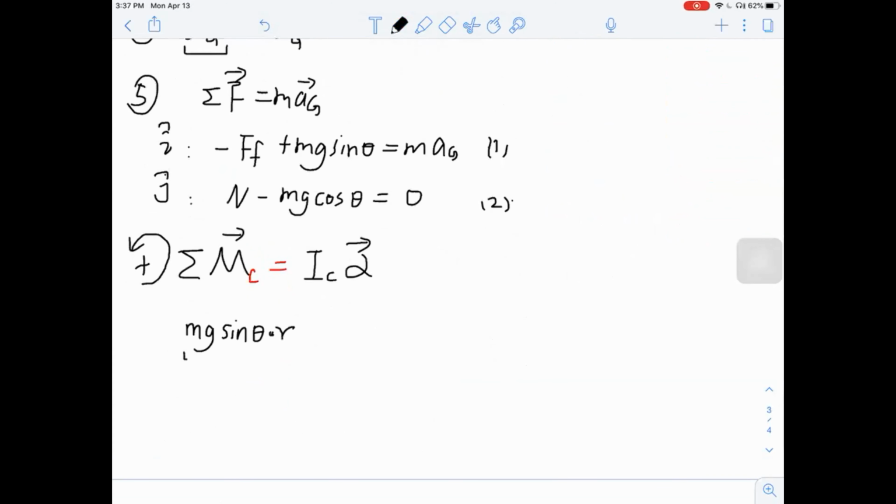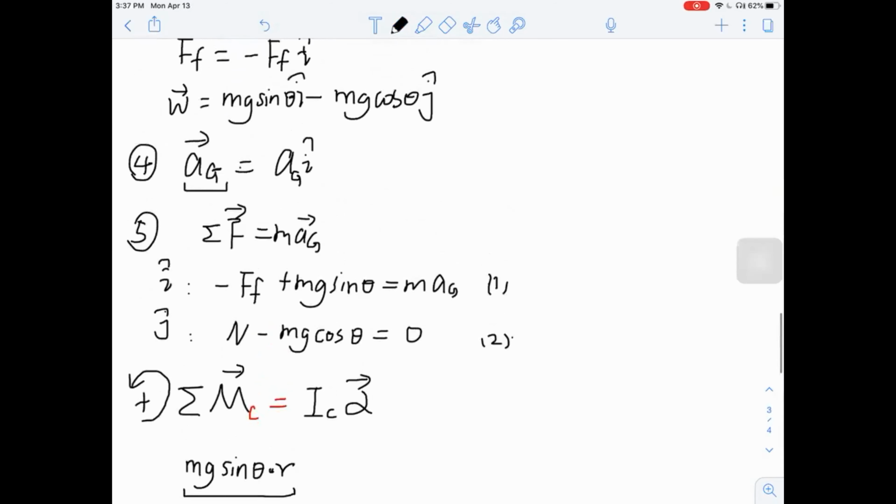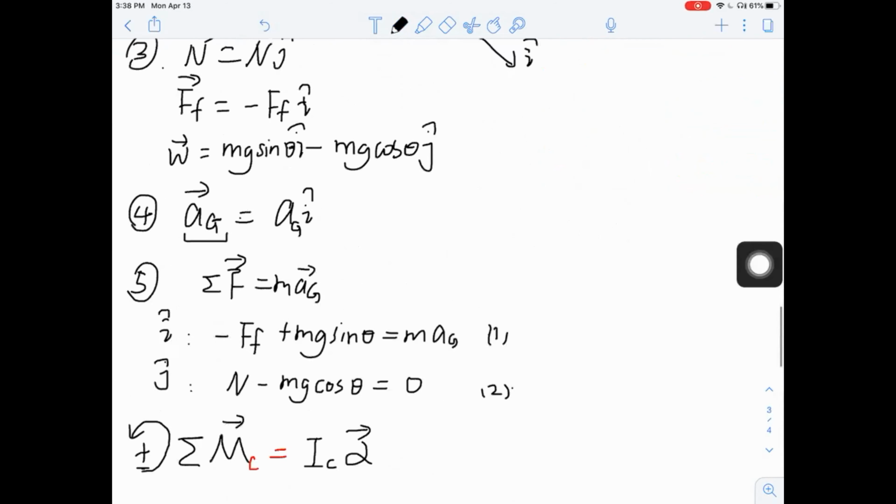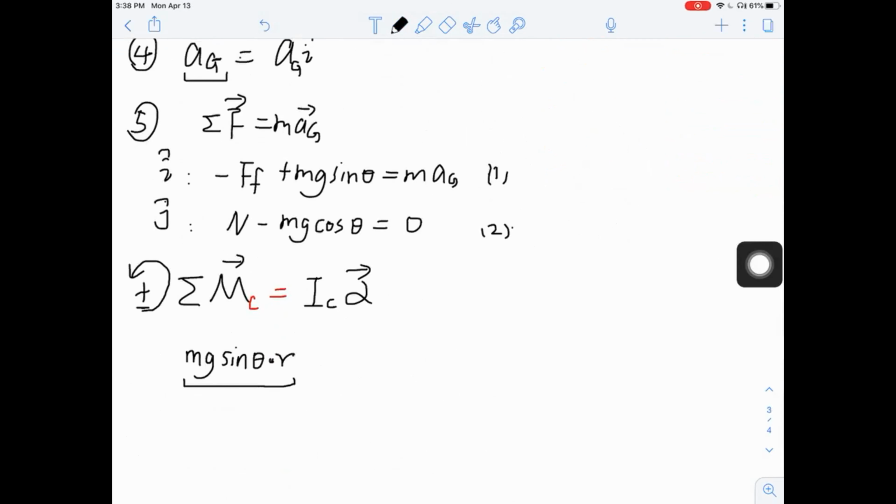Oh, we're not done yet. This is just force times distance. You need to judge what the sign for this moment is. As we defined, the positive direction is counterclockwise. If you look at this force, it will cause a clockwise rotation about point C. Therefore, the moment is negative, so let's add a negative sign here.